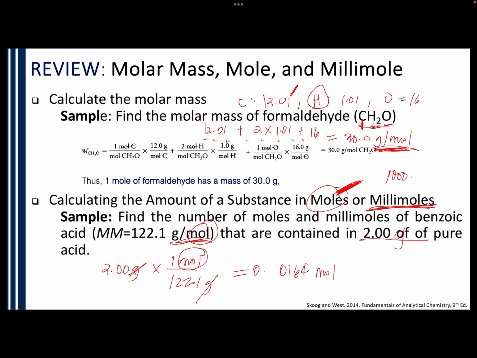So we have 1 mole is equal to 10 to the 3, 1000 millimoles. Sorry. So we have 1 mole is equal to 1000.